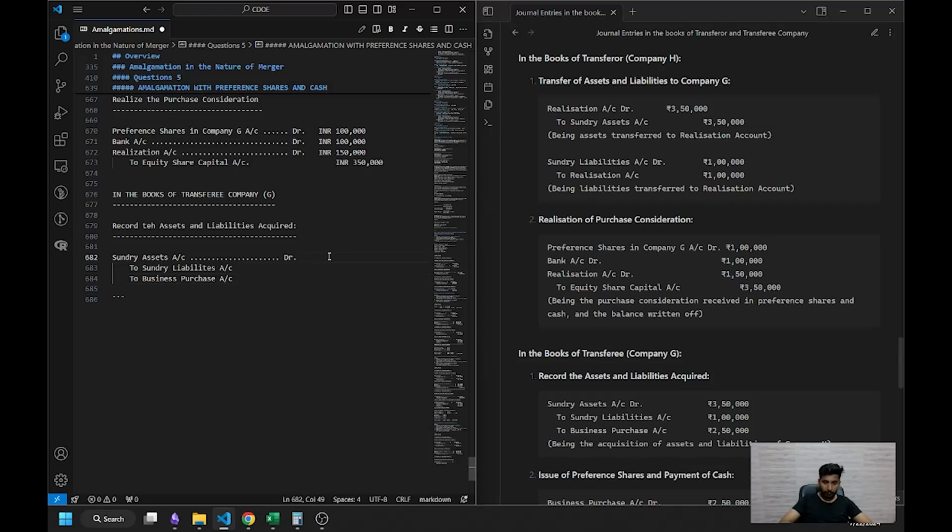The assets amount will be rupees 3,50,000. The sundry liabilities amount will be rupees 1 lakh. And the business purchase will be the remaining value, that is 2,50,000.